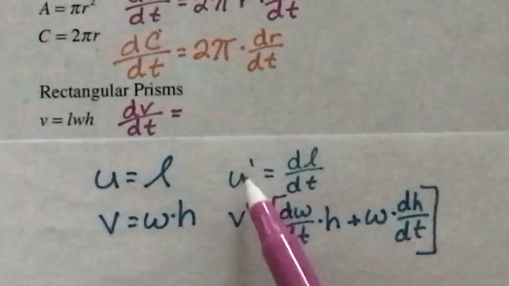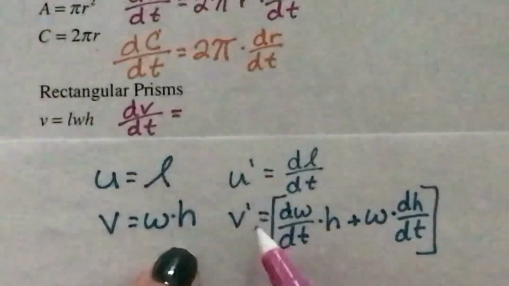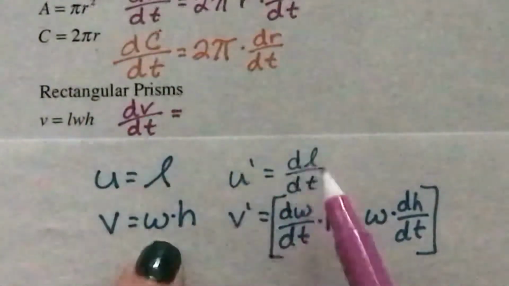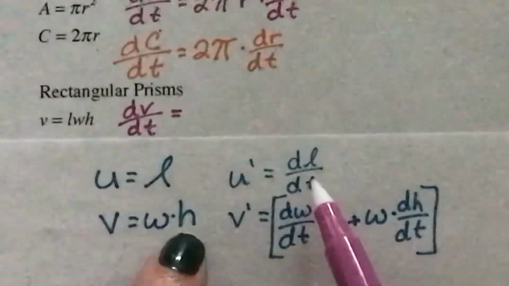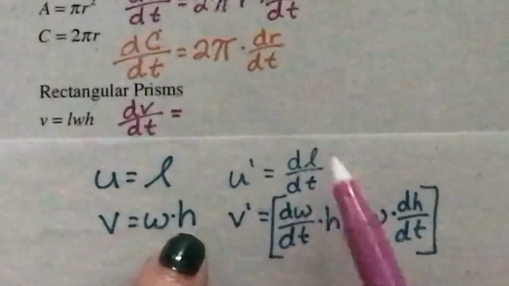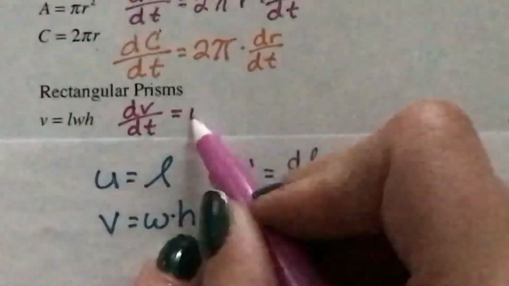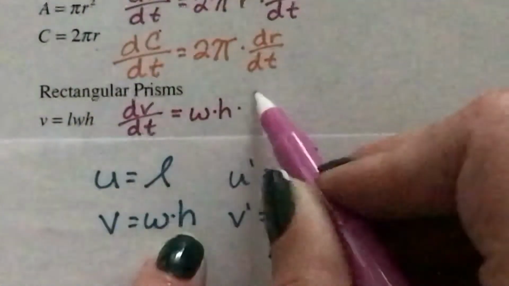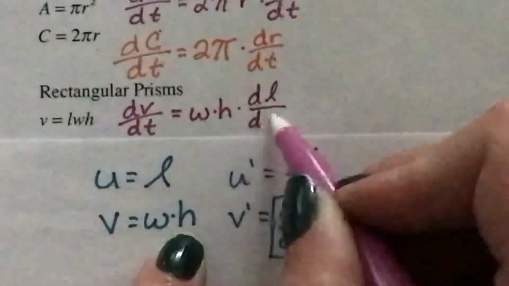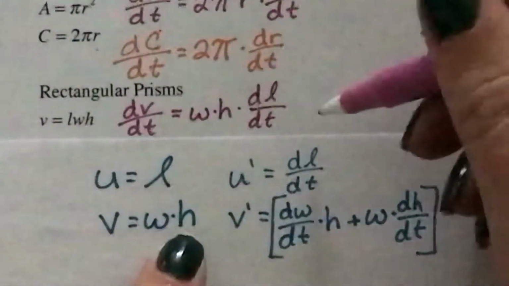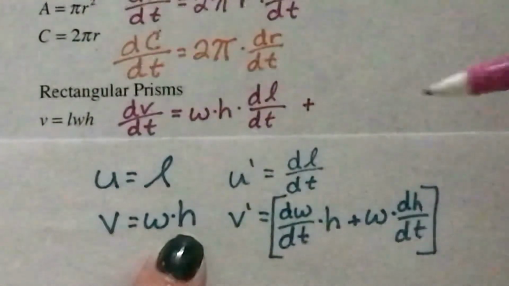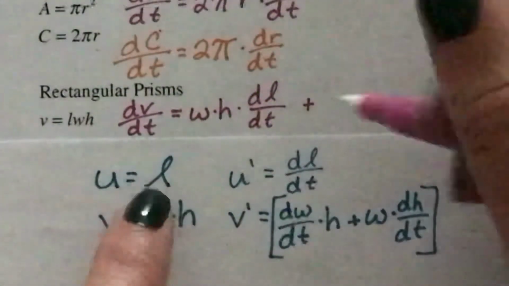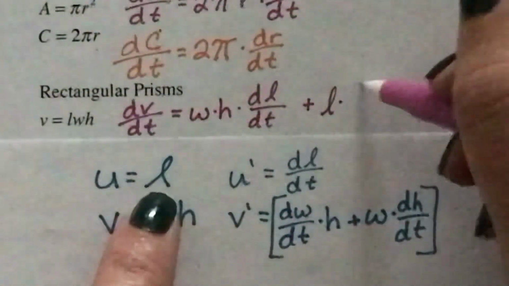Alrighty, so we'll have U prime V plus UV prime. U prime V, let's put the W and the H first, and then we'll put the dL dt last. So W times H times dL dt plus, then multiply U times V prime, so L times, and then that bracket.